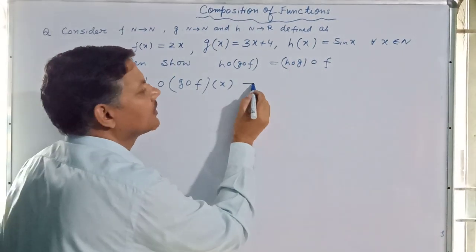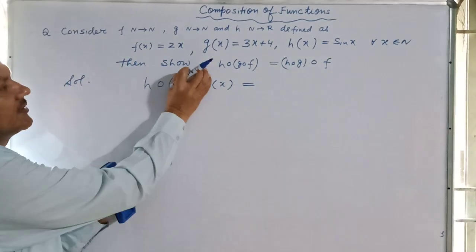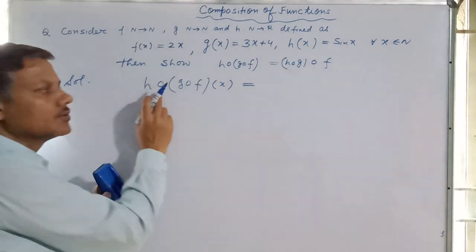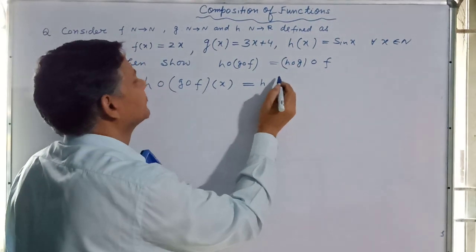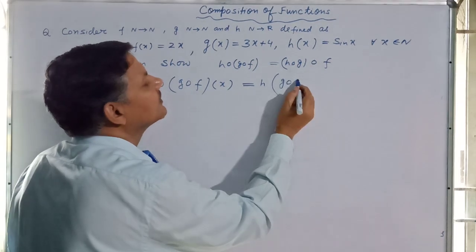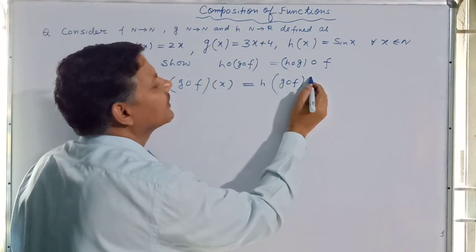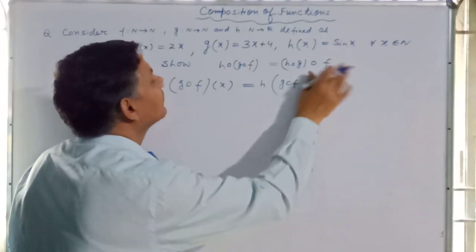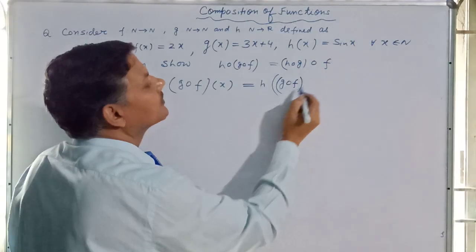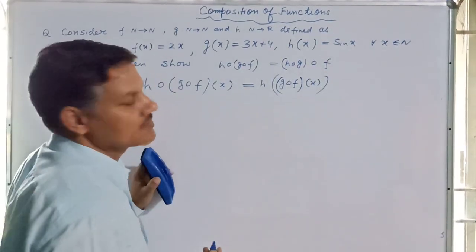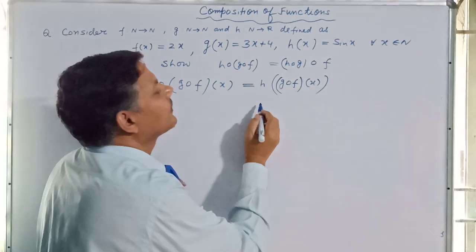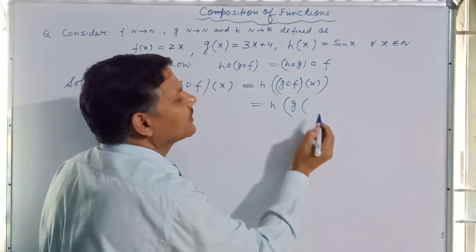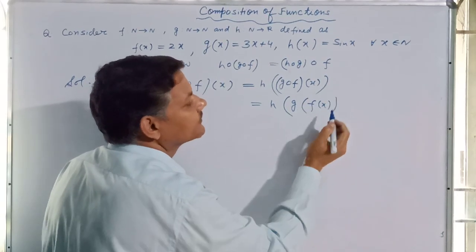By the definition of the composition of functions, one function is used as a single function and the other function is h, so it converts as h of (g composition f) of x. Now after that we get h of g of f(x).